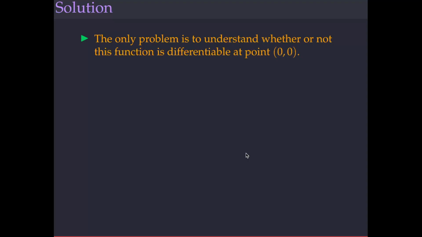So if you see the problem, the problem is to understand whether or not this function is differentiable at the point (0, 0).